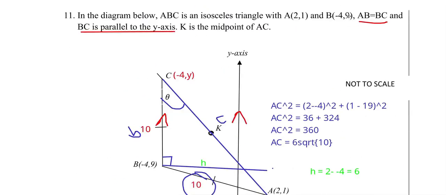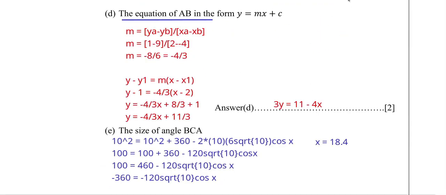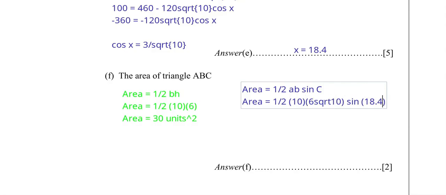So A is BC, and B is AC. So this is going to give you 10 times 6 square root 10, and then sine 18.4. Let's just calculate that. This gives you 30 square units. So the area is 30 units.